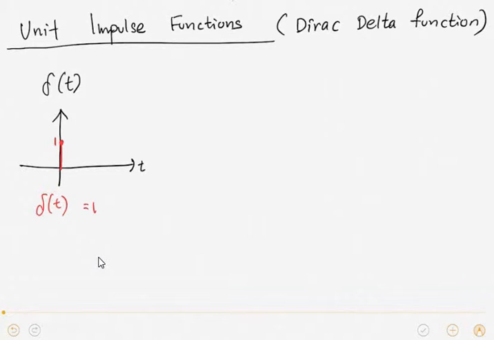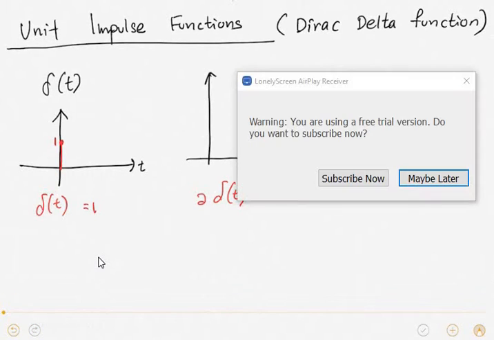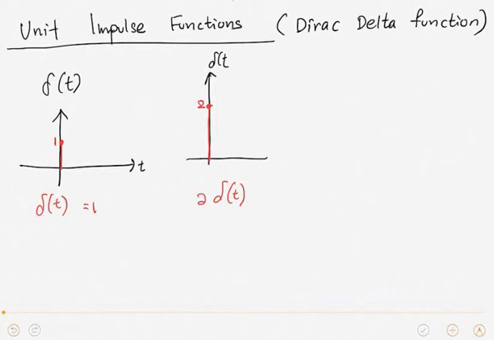But if I have 2 delta t, it means the impulse has a value of 2. So this is 2 delta t. Similarly, for 3 delta t, the value is 3. Now you know what delta t is.